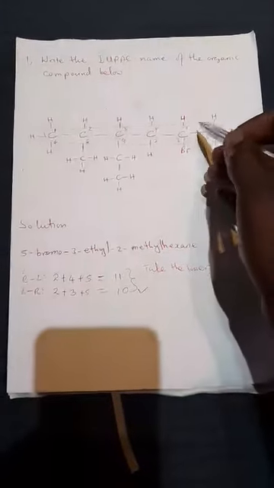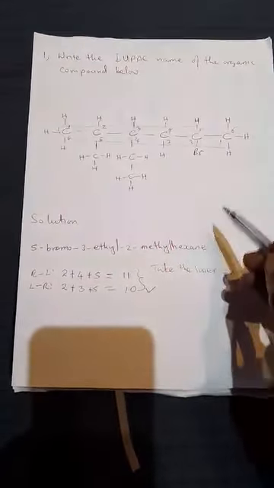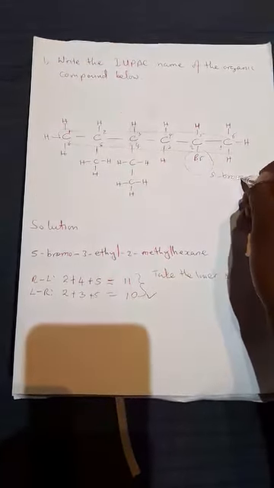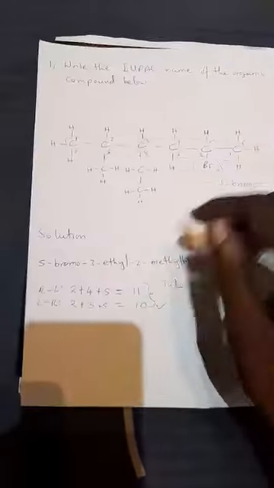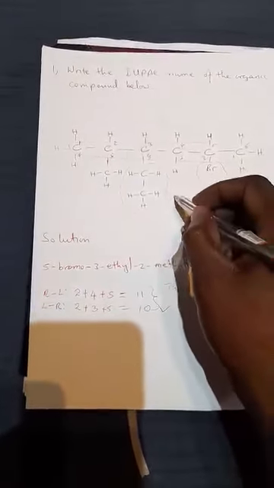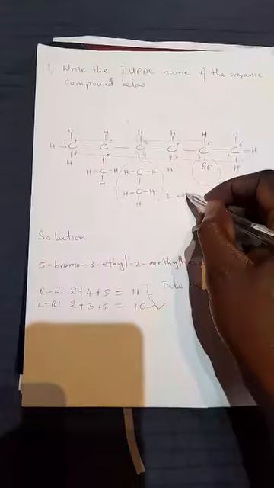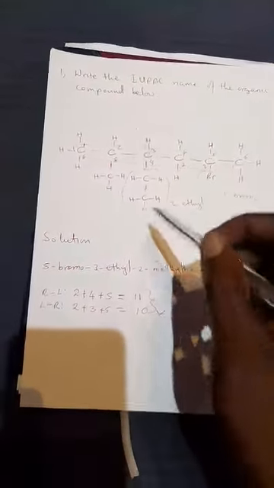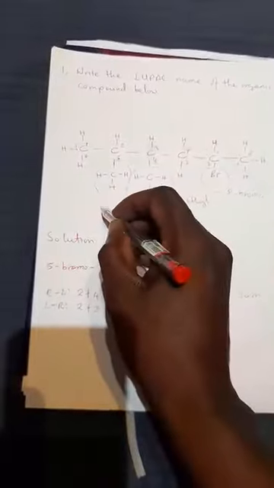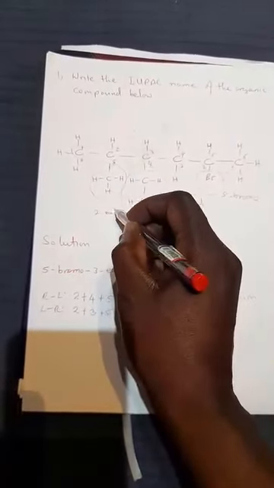So after that, what do we need to do? Let's give positions to our side chains and substituents. So at position number 5, we've got 5-bromo. And at position number 3, we've got 3-ethyl. And at position number 2, we've got 2-methyl.